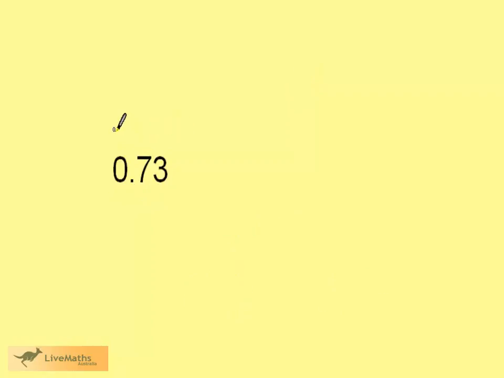Now let's consider 0.73. No units, 7 tenths, and 3 hundredths. So 0.73 is made up of 7 tenths and 3 hundredths. We can write this in fraction form: 7/10 and 3/100.